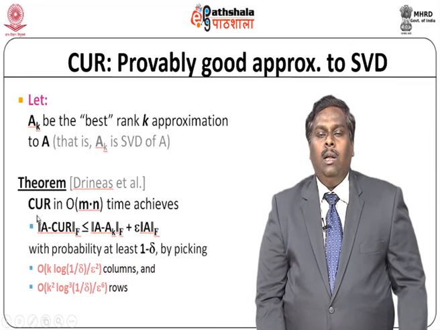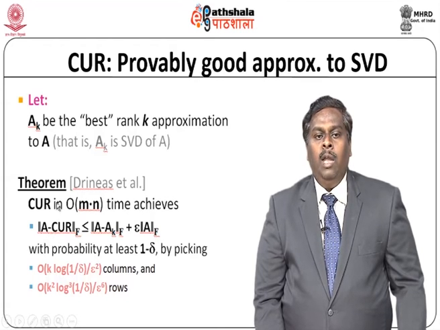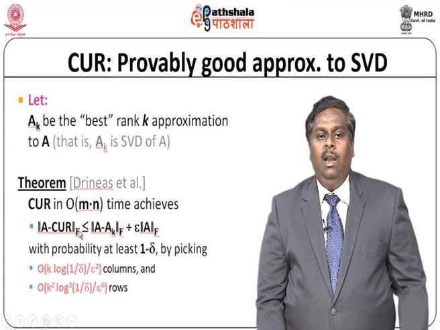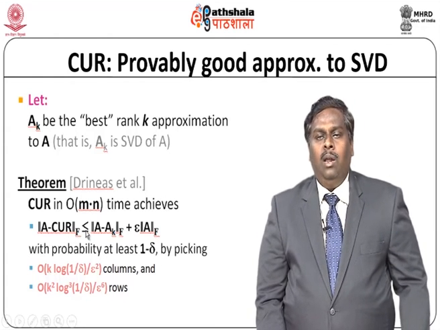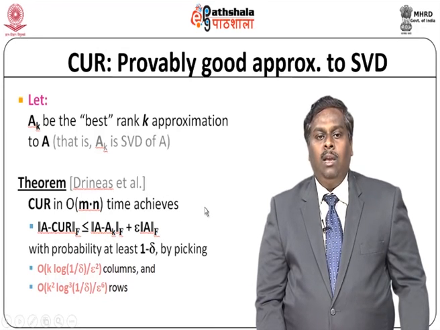So, the CUR technique makes use of the time complexity m by n to achieve an approximate matrix A, and when you take a look at the difference between the A matrix and the CUR product, this is going to be very less when compared with, or less than or equal to, the difference between the original matrix A and the reduced matrix A, which is derived from the SVD technique.